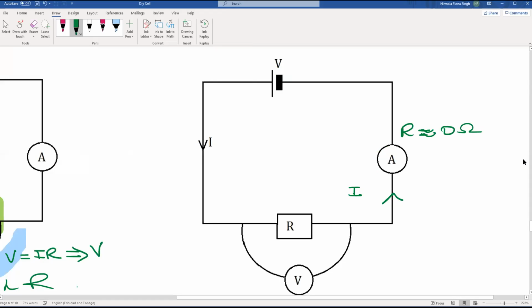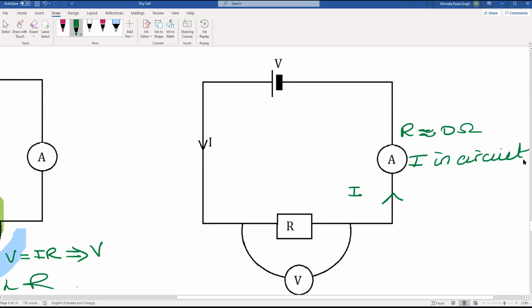So you're going to get an accurate reading of the amount of current in your circuit. With the resistance being so small, all your electrons are going to flow very easily through your ammeter, and your device is going to be able to read the value of your current. So just remember, the resistance of your ammeter is very small.